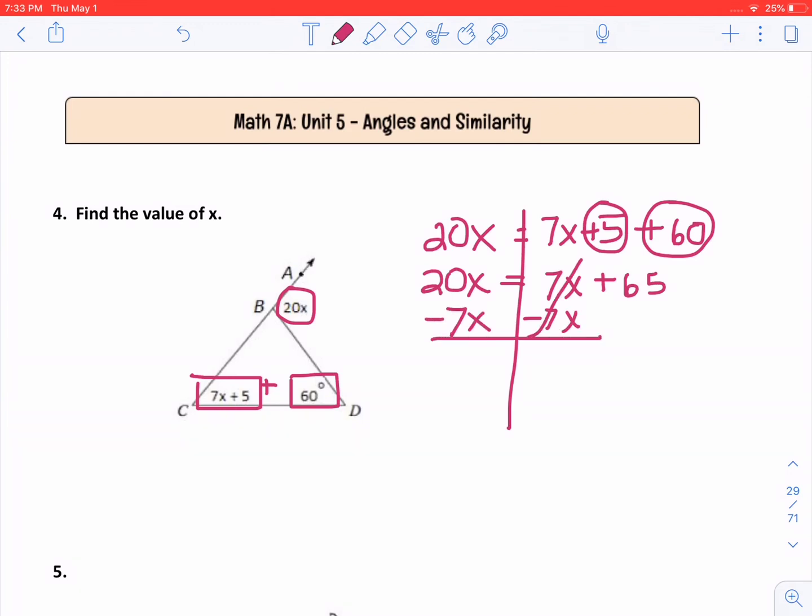So 20x minus 7x is 13x, and that's equal to 65. Divide both sides by 13. So 65 divided by 13 in my calculator gives us 5. So the value of x in this equation would be 5.